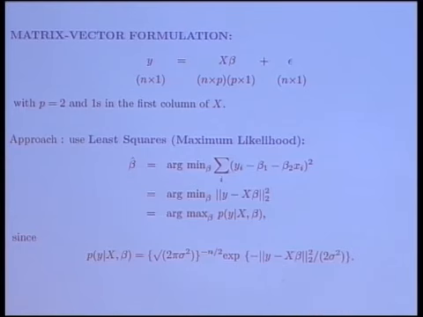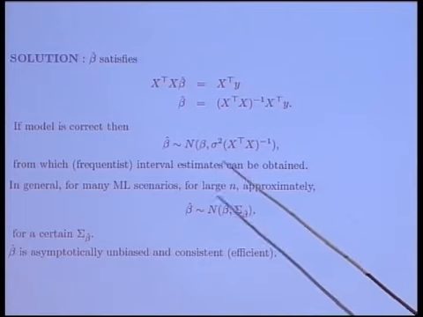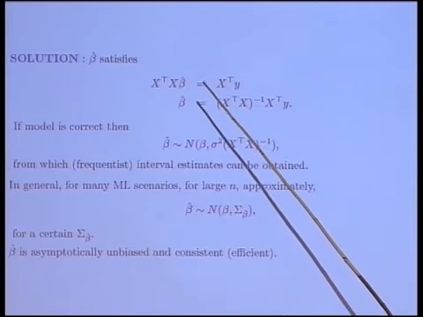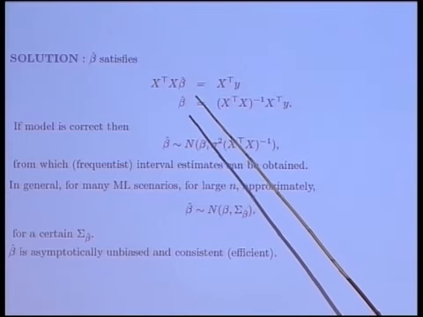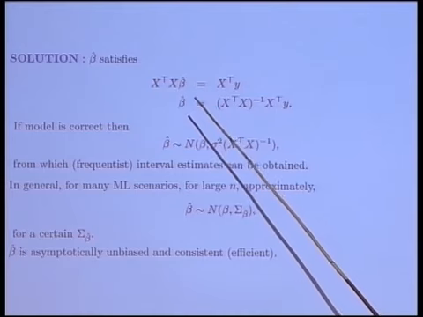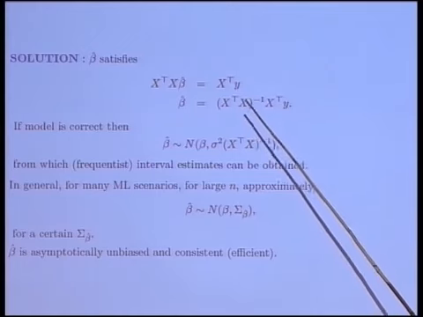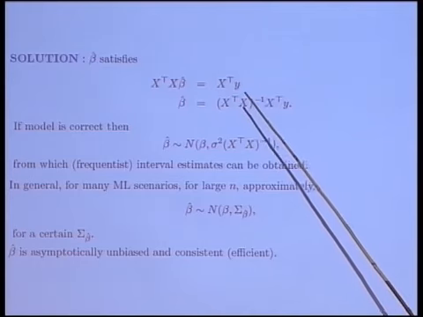So that's it. The actual solution, the least squares estimators satisfy this equation up here, and so in principle we would hope to solve it to get an explicit formula for the least squares estimates in terms of the responses and in terms of this matrix involving the covariates, the explanatory variables.